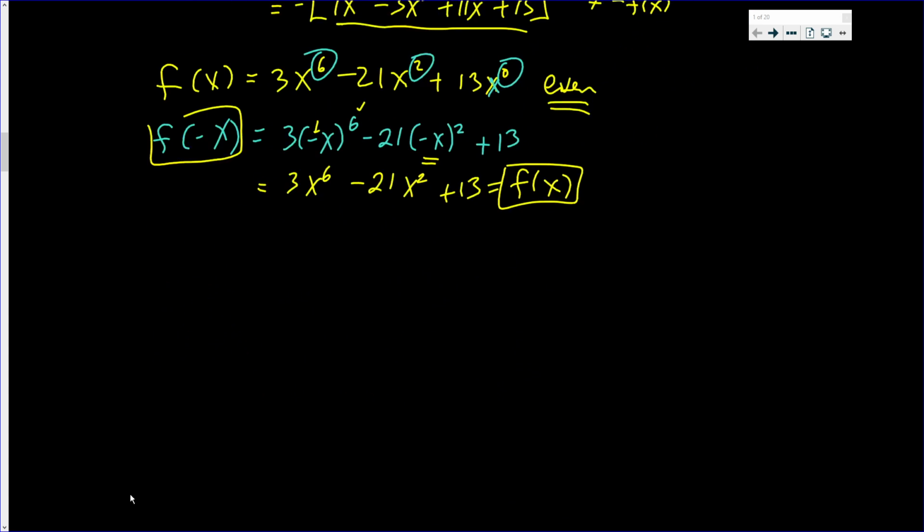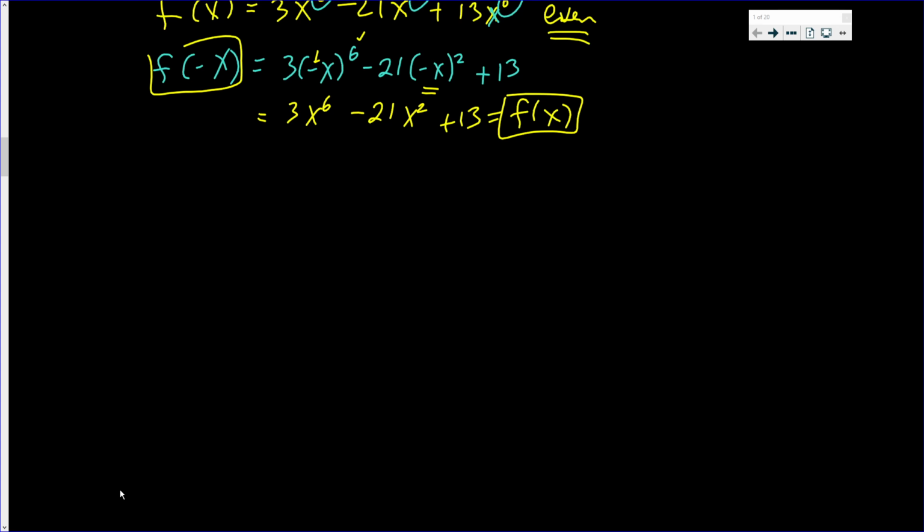If you have a polynomial and all the powers of x, or whatever the variable is, x, y, z, are all even, then it's an even function. If they're all odd, then it's an odd function. If I tell you that g of y is equal to 7y to the 5th minus 3y to the 7th plus 13y, this is an odd function.